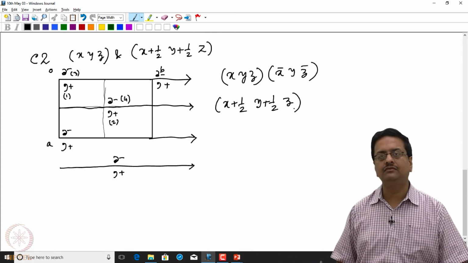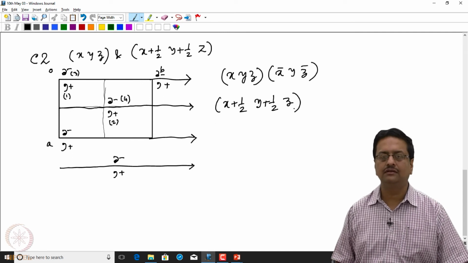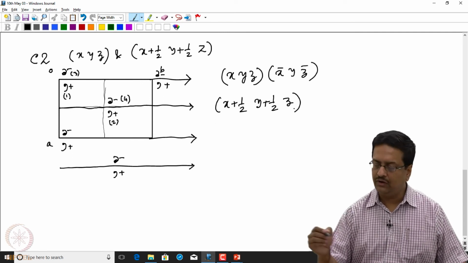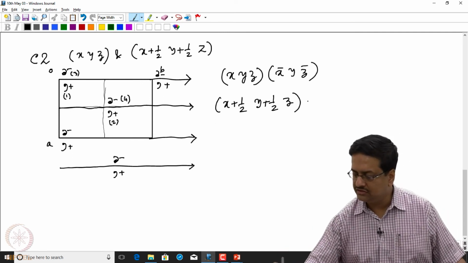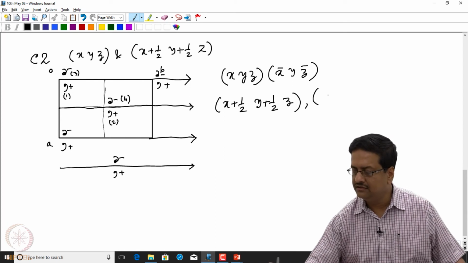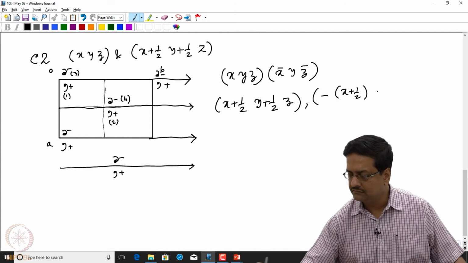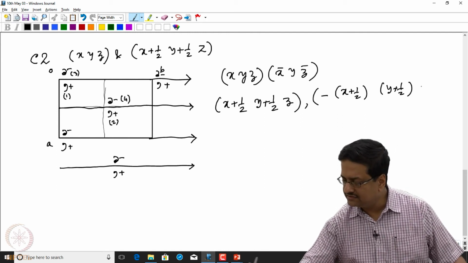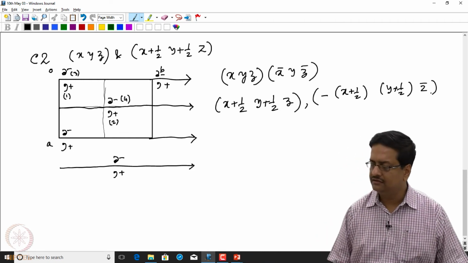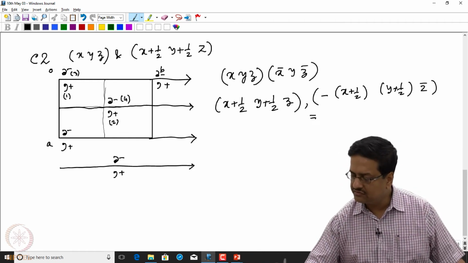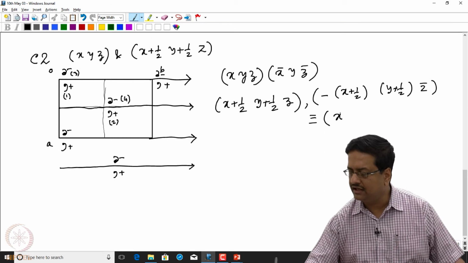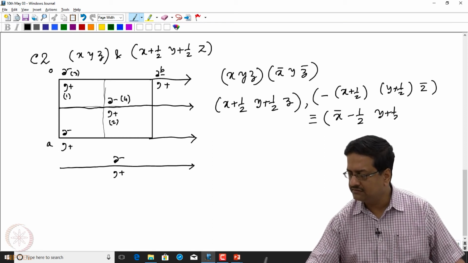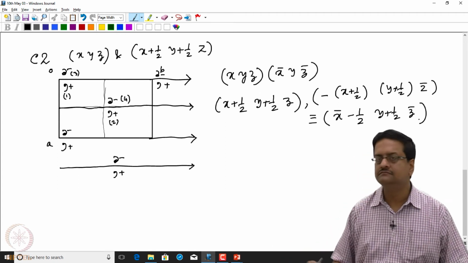We apply a twofold along the y-axis, so the corresponding point should be minus of x plus half, y plus half, minus z, we write it as z bar. So now this last point needs to be rewritten as x bar minus half, y plus half, z bar.